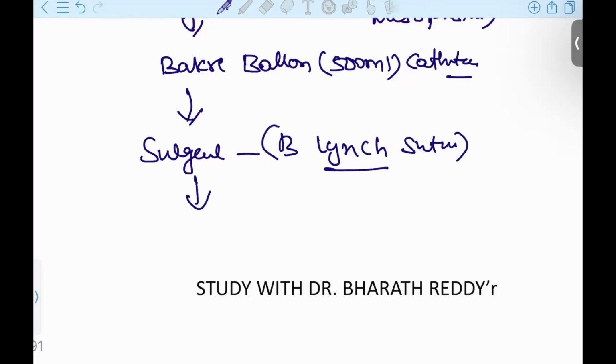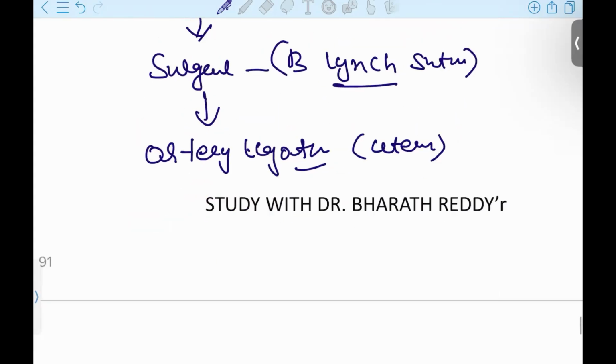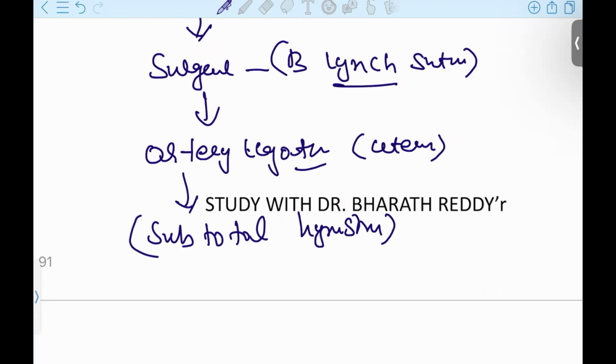If it is still not controlled, go for artery embolization, or artery ligation immediately. You can do the uterine artery or also the iliac arteries. Then subtotal hysterectomy. If it is still not controlled, there is a high risk the patient can die. So instead of the patient dying, at least the uterus can be sacrificed, right? So subtotal hysterectomy is the last choice for the patient.